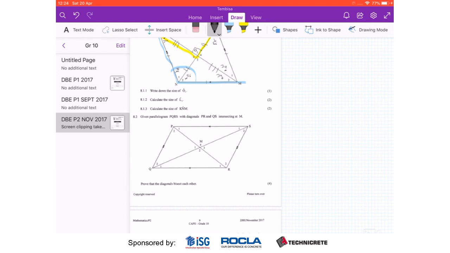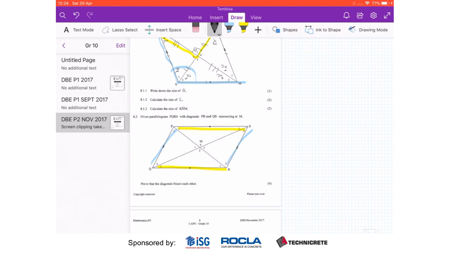Okay, so firstly, we're going to say given, we've been given the parallel lines. They've given us this is parallel, they've given us this is parallel, and they've given us this is parallel, so we've got to make use of that for proving that the diagonals bisect each other. Okay? We're proving that the diagonals bisect.